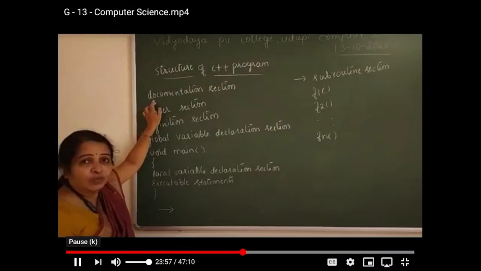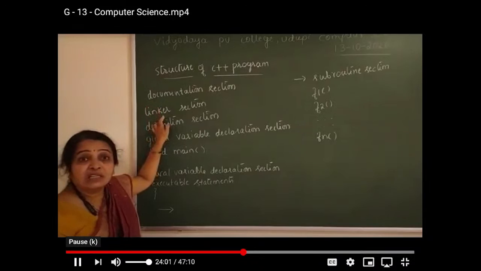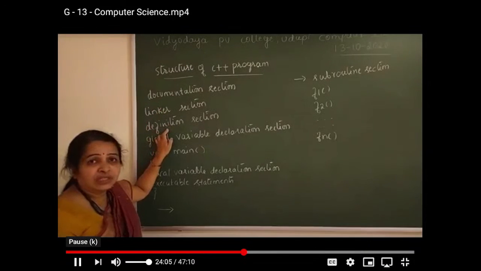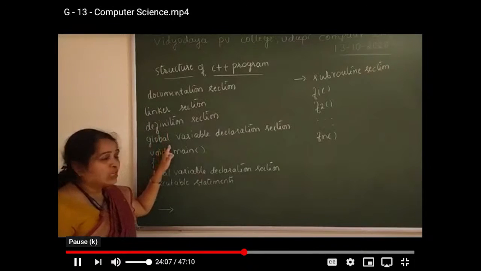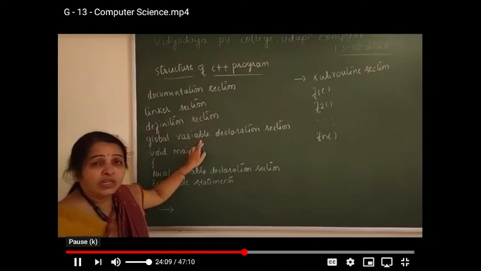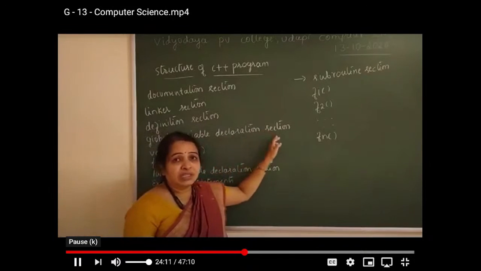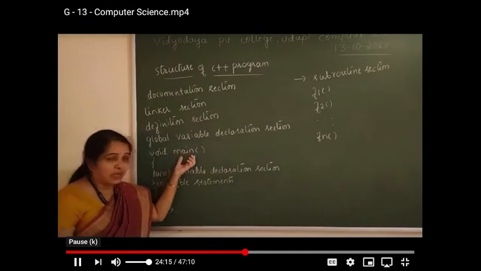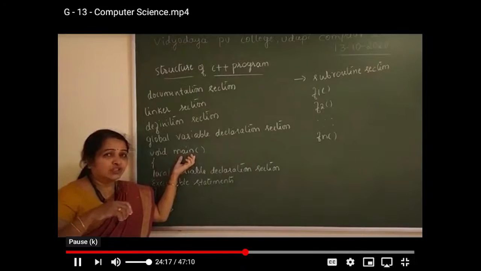First is the documentation section. Second is the linker section. Third is the definition section. Fourth is the global variable declaration section. Next comes void main. There we had discussed the void.